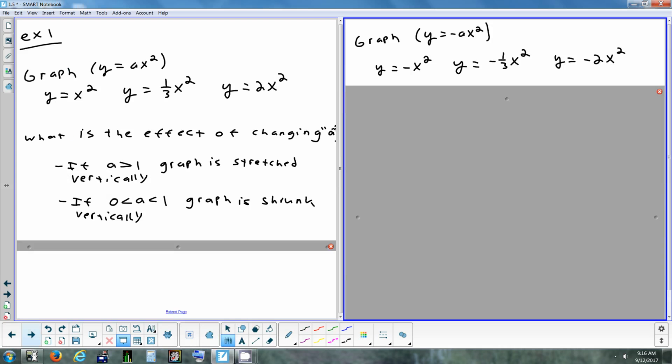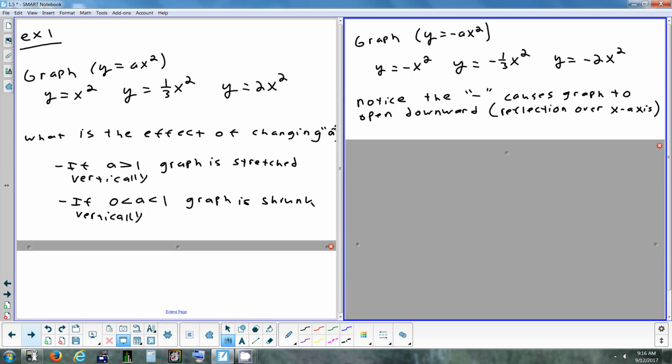Yes, it will flip over the x-axis, or you could say reflect. So I think I graphed one of these, like negative x squared, and it opened downward. So putting a negative in front causes the graph to open downward.